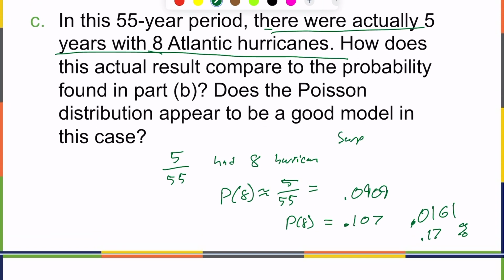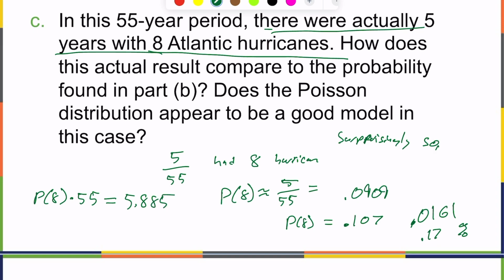Surprisingly so. Another thing is that our probability suggests that 0.107 times 55 is 5.885.